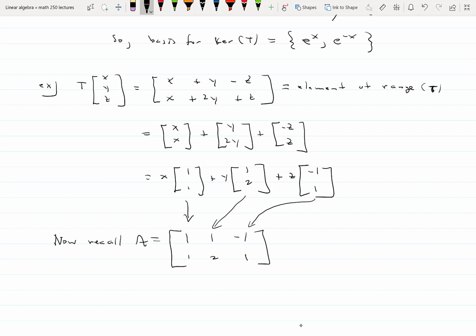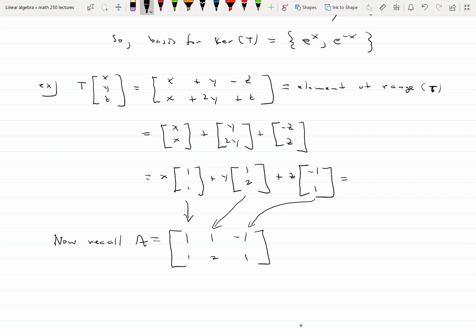Okay, so this is a big deal here: if you have a linear transformation that can be written as a matrix transformation, then the elements in the range, the elements in the set W, are nothing more than elements of the column space of your matrix.